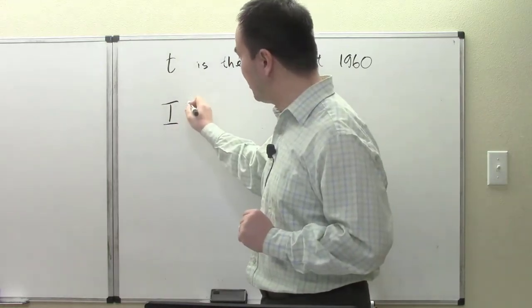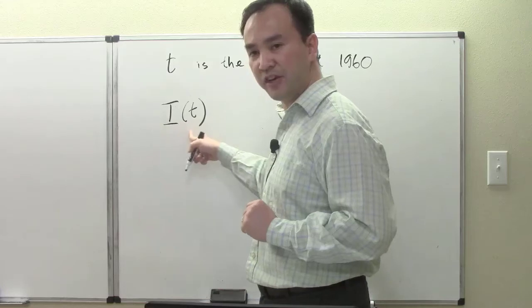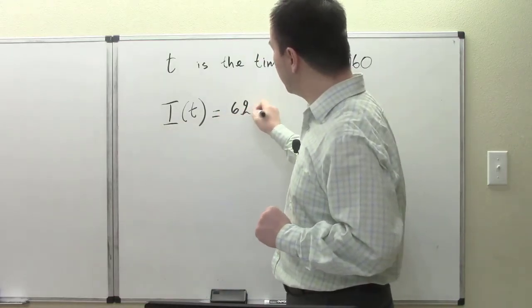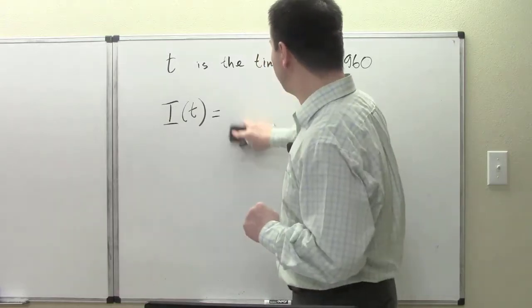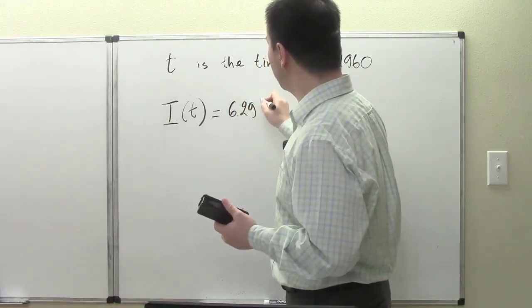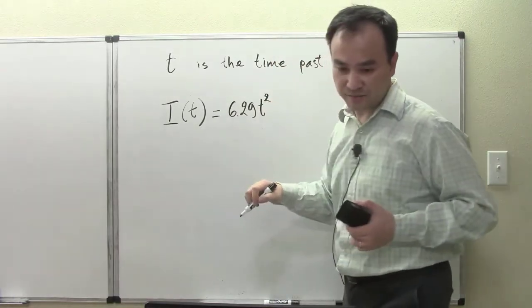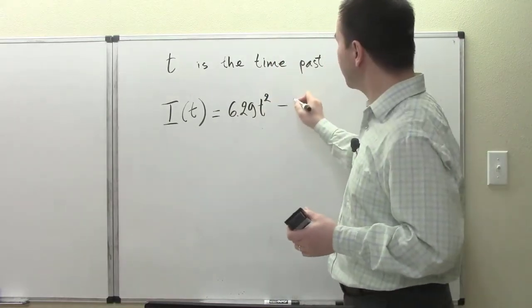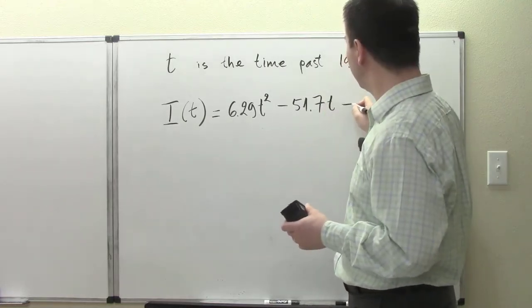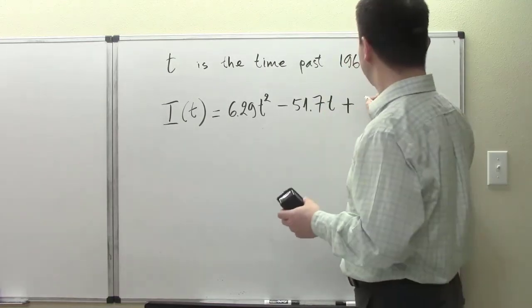So that's how we developed our function I of t as 6.29 t squared minus 51.7 t plus 601.